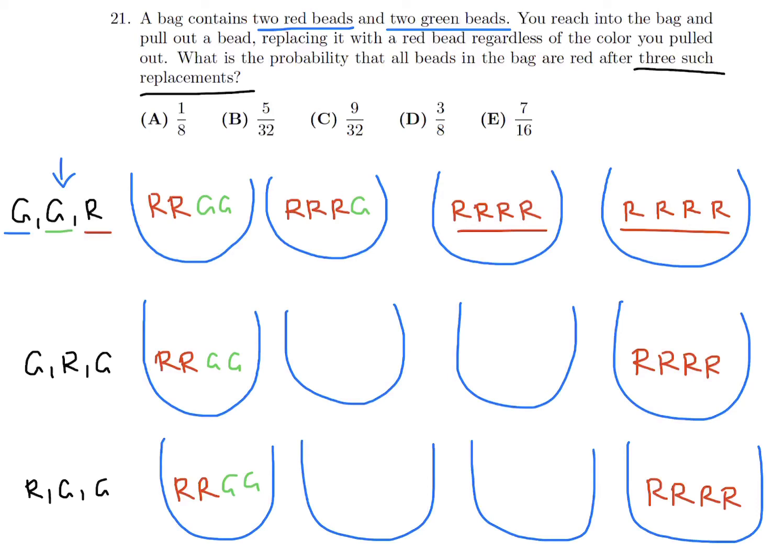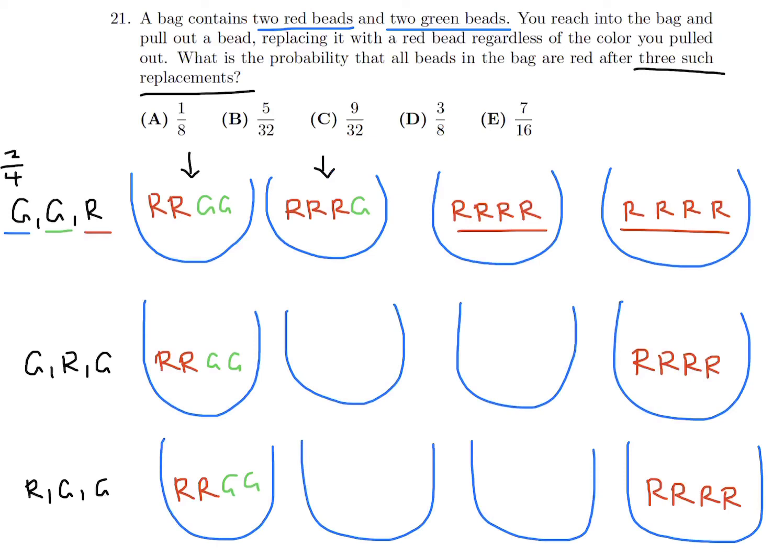Now we have to figure out what is the probability of this happening. Well, in the first one right here, what is the probability that you're going to get a green? Well, there's only 2 greens and there's 4 beads, so the probability is 2 out of 4 that you're going to choose a green initially.